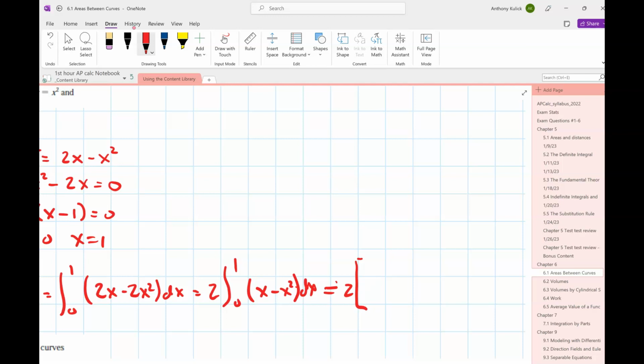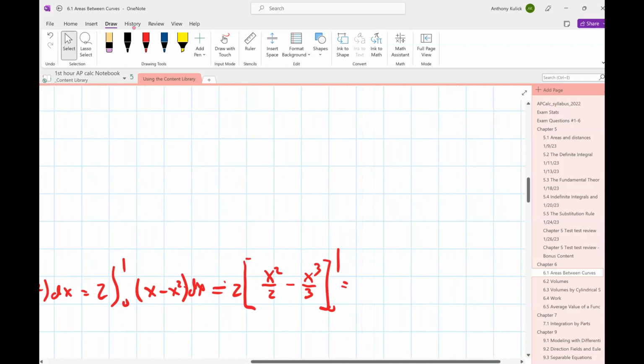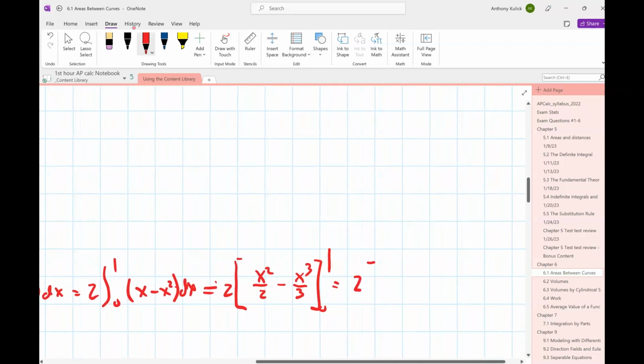So the antiderivative for x, we said, was x squared over 2. What's the antiderivative for x squared? X cubed over 3. And we're evaluating from 0 to 1. So I have 2 times 1/2 minus 1/3 minus 0 plus 0.